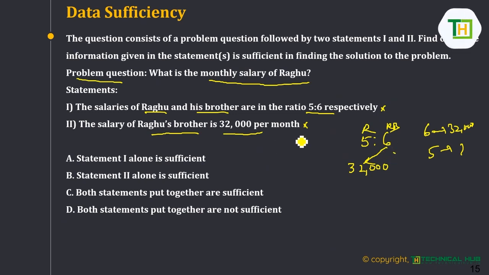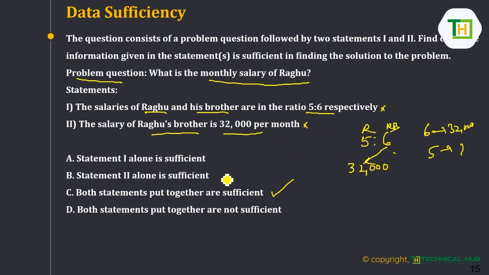That is, find the salary of Raghu. Combining statements 1 and 2, you will find the monthly salary of Raghu. So both statements put together are sufficient, which means option C is the correct answer. Statement 1 alone is not sufficient, and statement 2 alone is not sufficient.